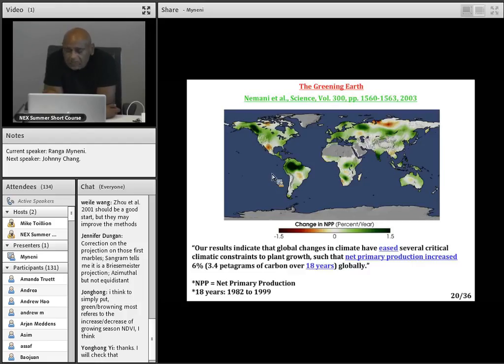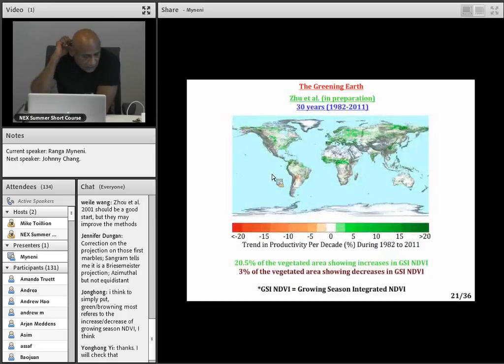Global changes in climate have eased several critical climatic constraints to plant growth. That is a complex sentence, so we'll have to parse that. Before we parse it, let us say, now that we have 30 years of Dr. Tucker's data, and we are able to calculate very carefully the growing season, we just integrate the NDVI over the growing season and take that as a surrogate for vegetation production.